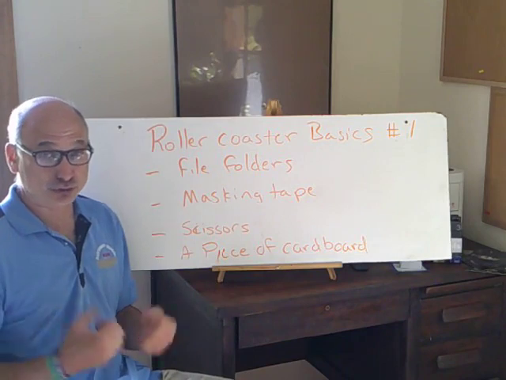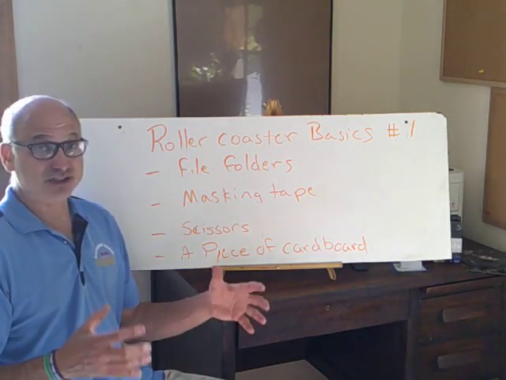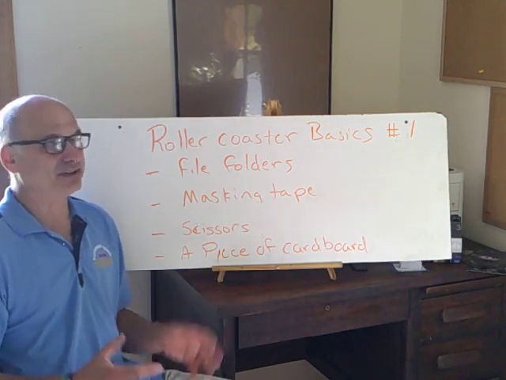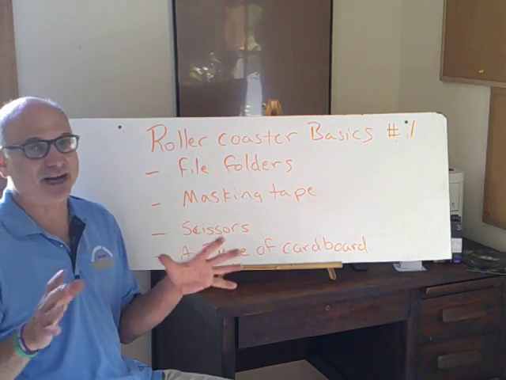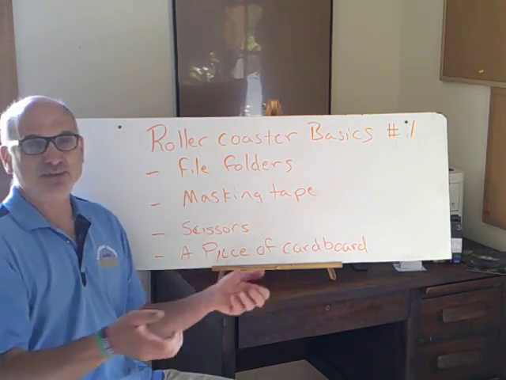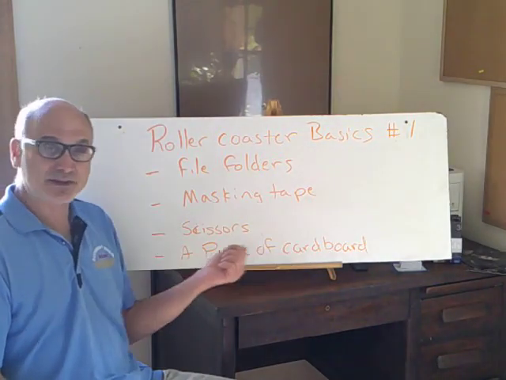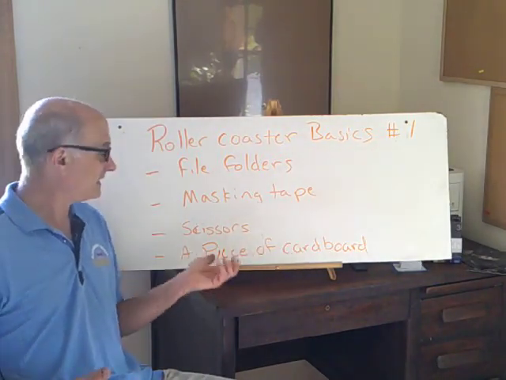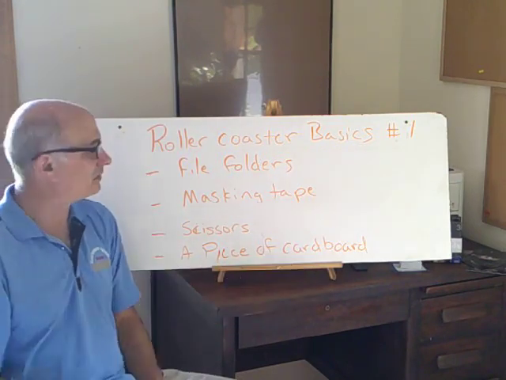If you build your structure strong enough, it will eventually hold by itself. But you want to give something firm, and most of the time, unless you've got a designated spot that's not going to be moved for a couple weeks, you want to be able to move it out of the way. So building it on a piece of cardboard or a board, it's not important what it is. It's just something flat to build it on.